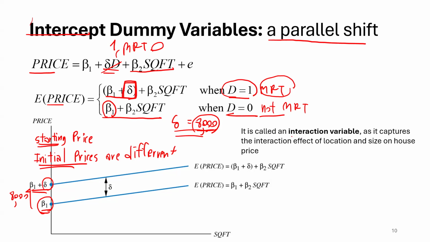So this is called an interaction variable, as it captures the interaction effect of location and size on our price.